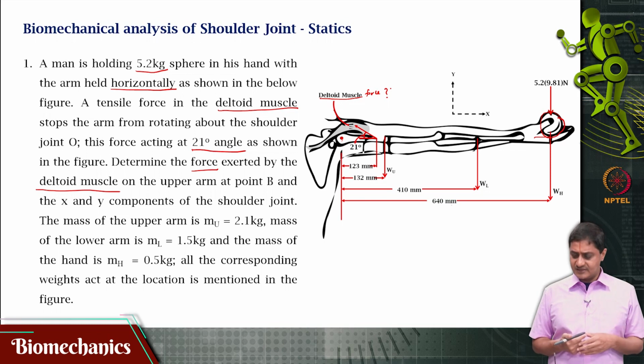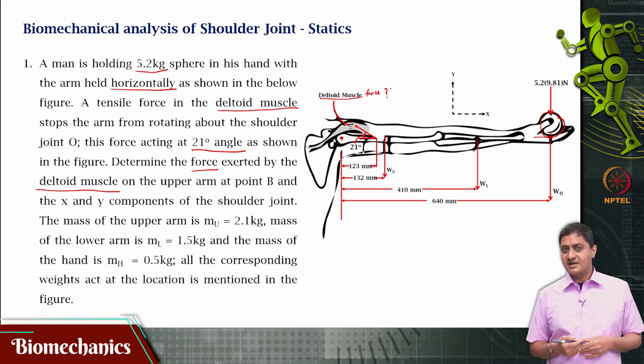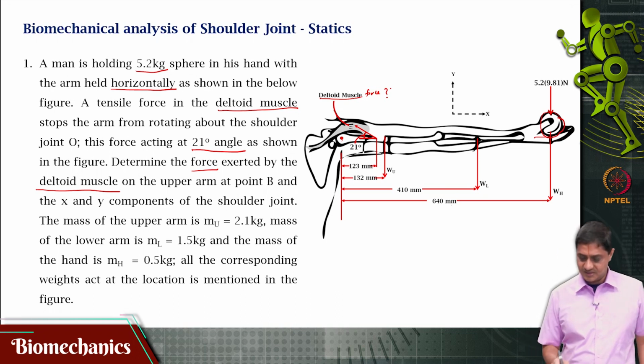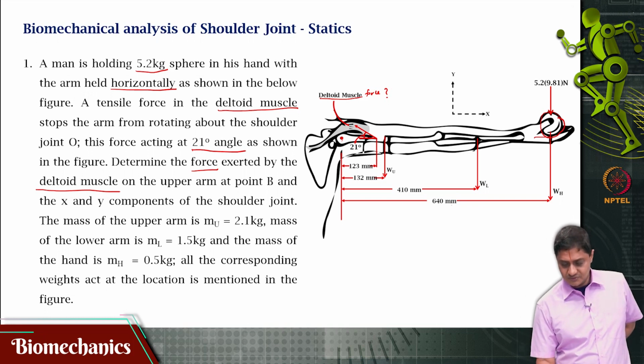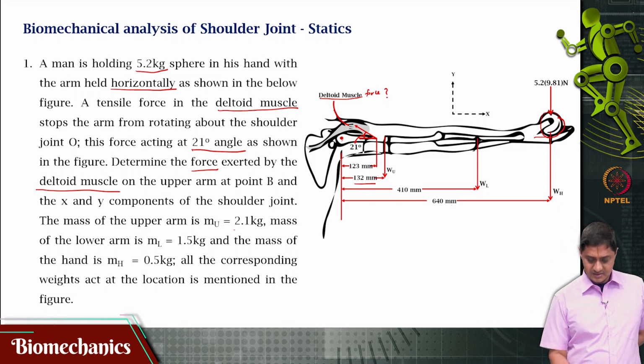Some more details are given. We cannot assume that the upper arm and forearm are massless. They have mass, and their corresponding centers of gravity or centers of mass are given. The center of mass of the upper arm is at a distance of 132 mm and the mass is given to be 2.1 kg.